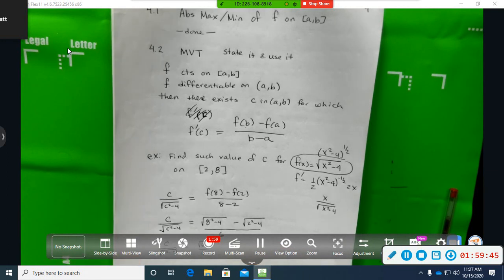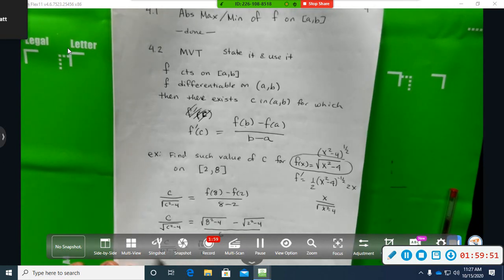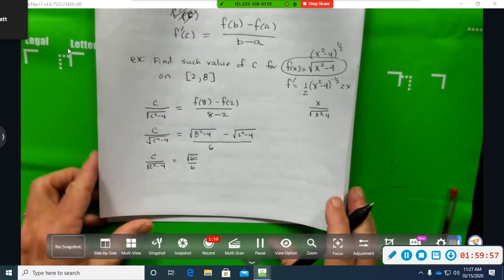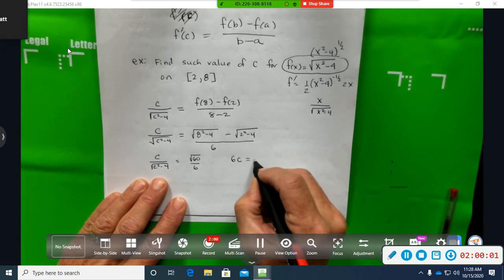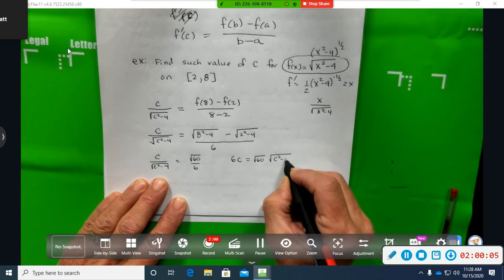So here's what I'm trying to solve for c. Don't know if that's going to be any easier, but we'll try. I'm going to cross multiply, and I will get 6c is equal to the square root of 60 times the square root of c squared minus 4.